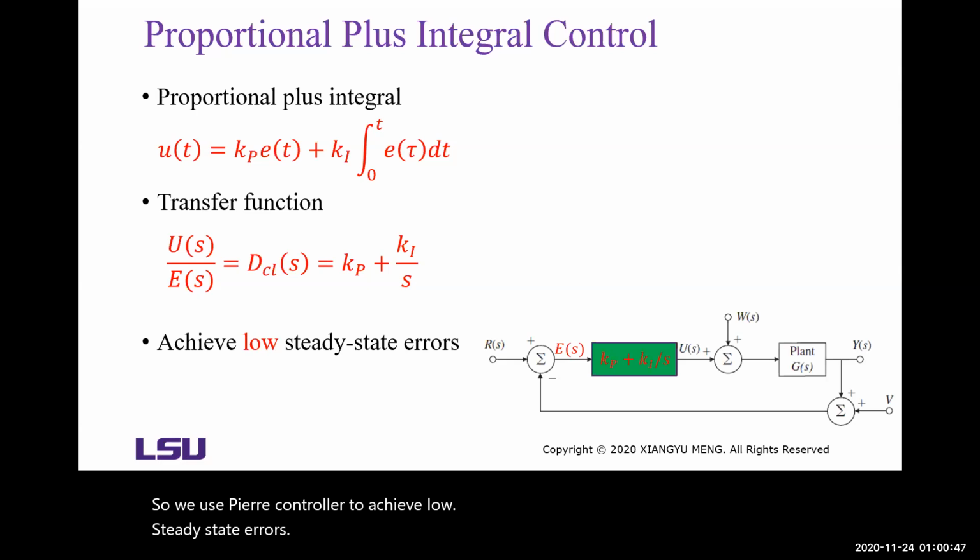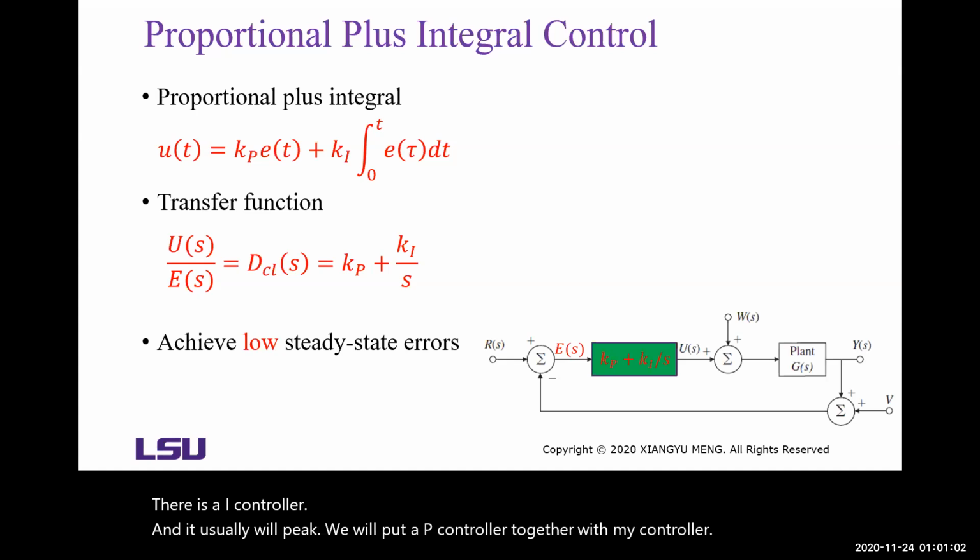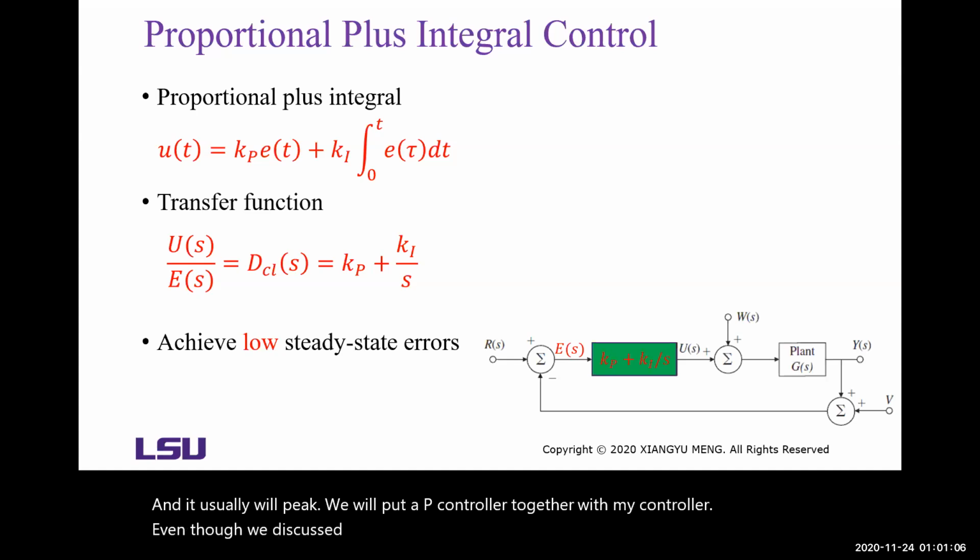It is the most commonly implemented controller in practice. If there is an I controller, usually we will put a P controller together with it. Even though we discussed the I controller, usually the I controller is not used alone, so we will use the PI controller together.